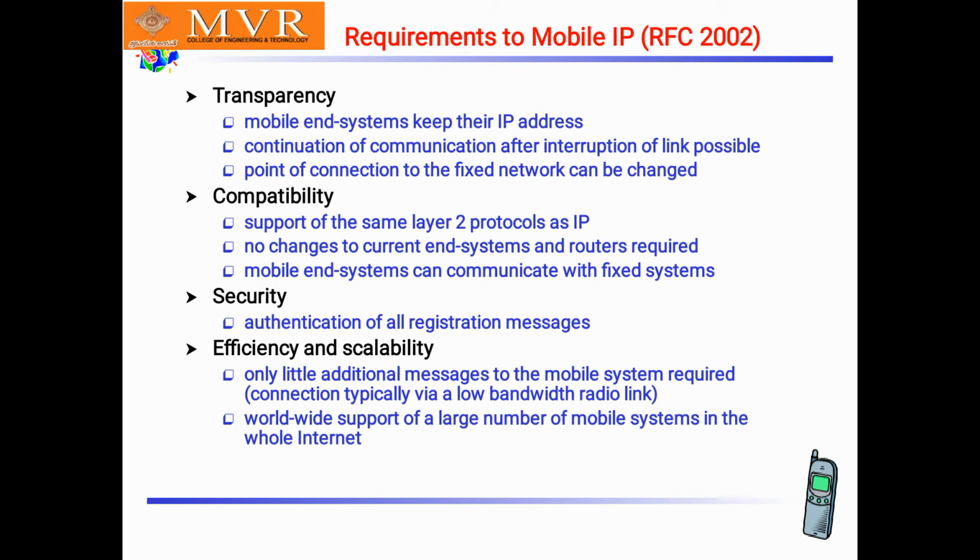Efficiency and scalability means only few additional messages to the mobile system are required, since the connection is typically via a low bandwidth radio link, with worldwide support of a large number of mobile systems in the whole internet.